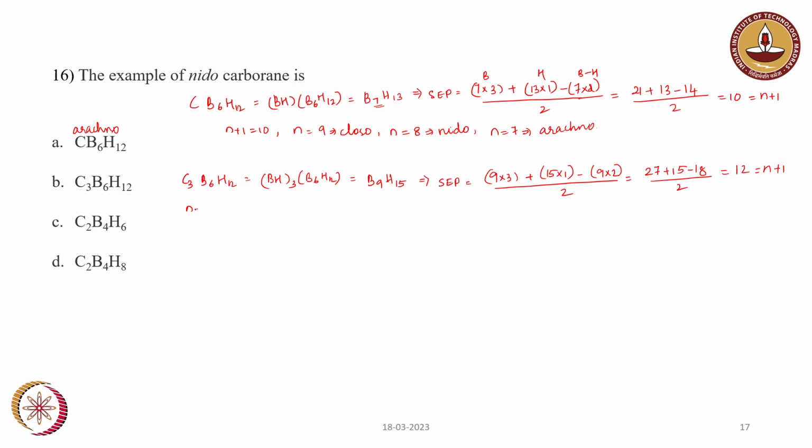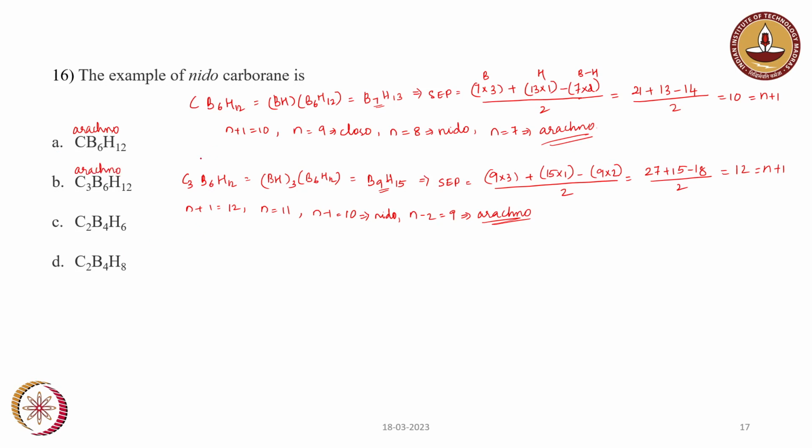So n plus 1 is 12 and n equals 11, but we have 9 borons, and n minus 1 equals 10, that will be nido, and n minus 2, which is 9, that will be arachno. So this one is arachno borane.